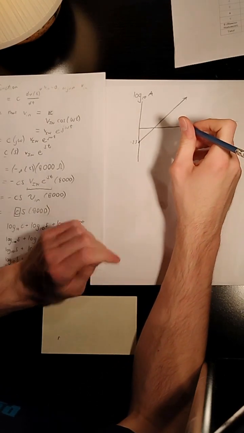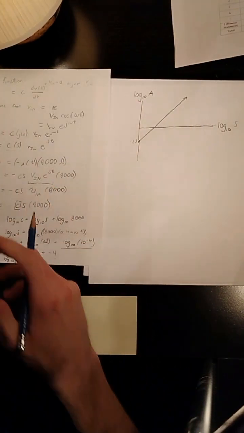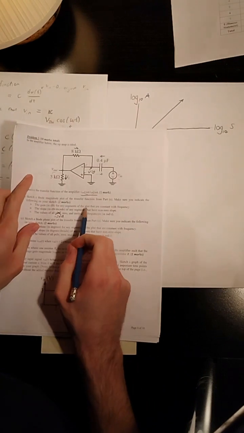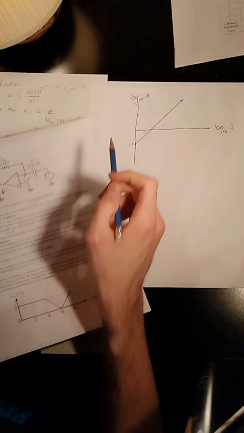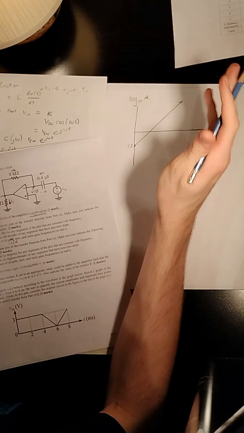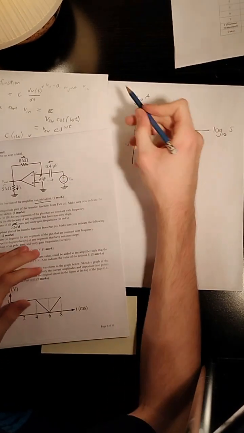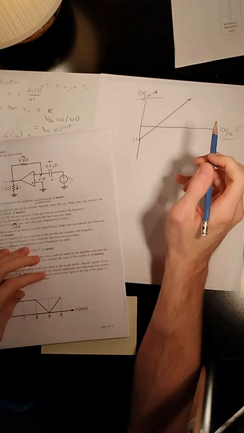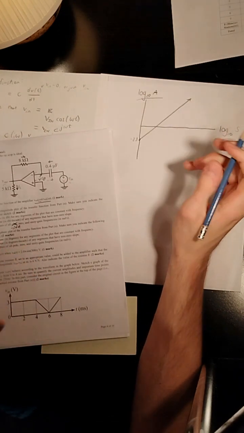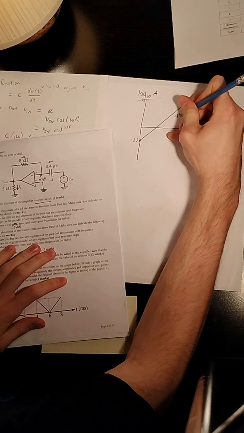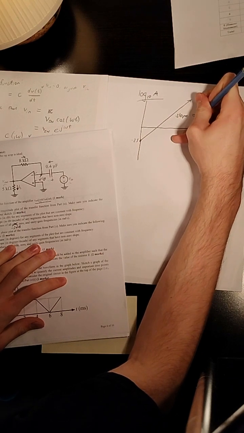And so, it asked for the gain of any segments of the plot which are constant with frequency. That would mean a horizontal line. I don't see any horizontal lines, so you don't need to worry about that. The slope in decibels per decade of any segments that have non-zero slope. So this should be slope is equal to 1.